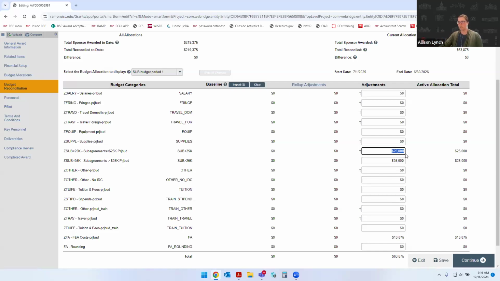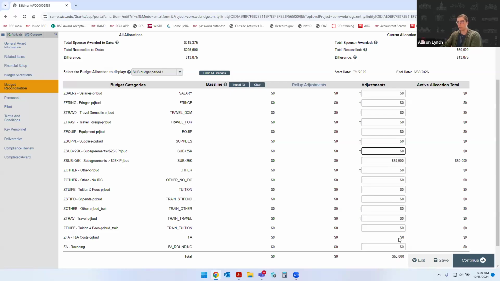This is the only line that will calculate the indirect costs if you're using these 2 budget category lines correctly. So here, this 13,875 is calculating off of 25,000. Another common issue that I see is putting 50,000 here.